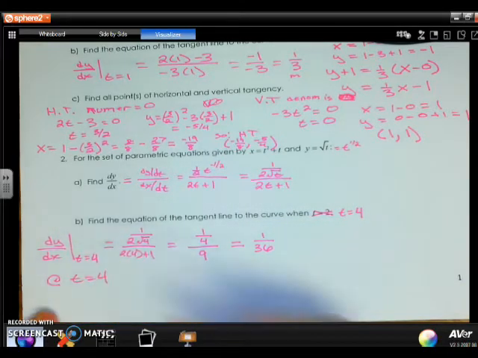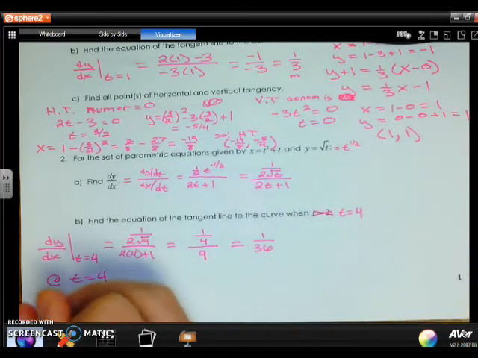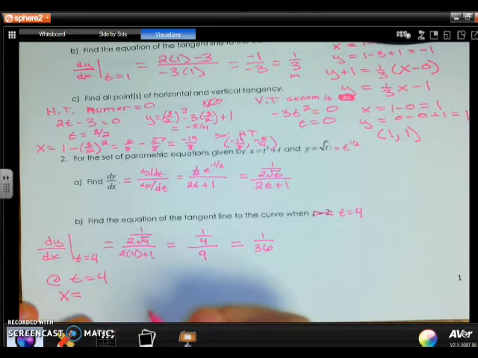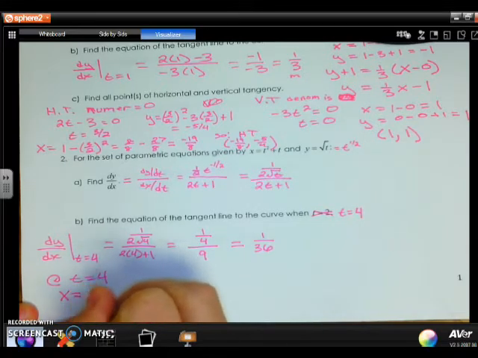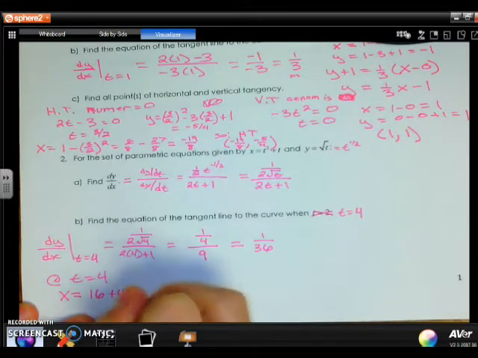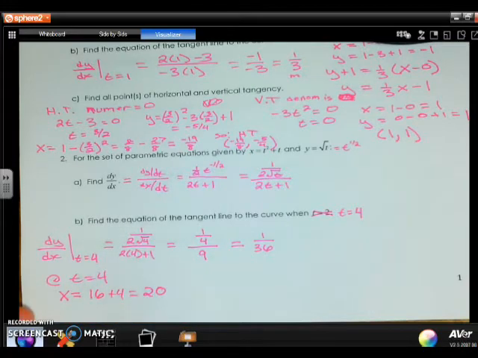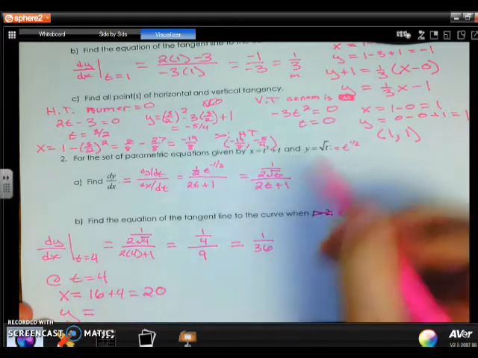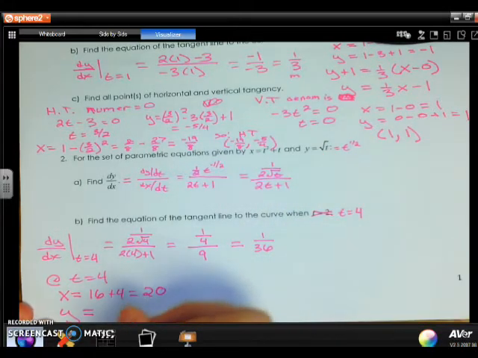So you could say something like at t equals 4, and now I'm going to evaluate x and y. I'm going to use the equations given in the beginning. So x equals, well, at t equals 4, that's going to be 4 squared is 16 plus 4. So I get a 20 for the x coordinate, and now I want to get the y coordinate. So I take t equals 4 and I plug it in there. Square root of 4 is going to be 2 there.